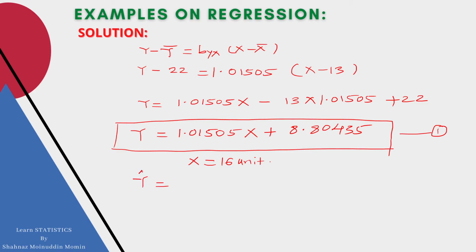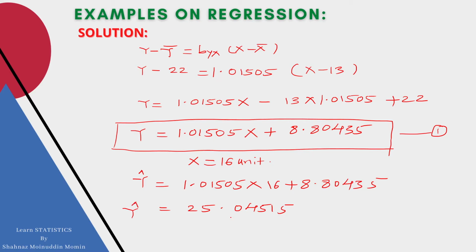So estimated value of y equal to 1.01505 multiplied by 16 plus 8.80435, which is equal to, after simplification, 25.04515. This is the estimated value of sales for the price equal to 16 units.